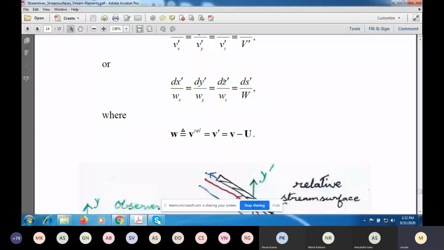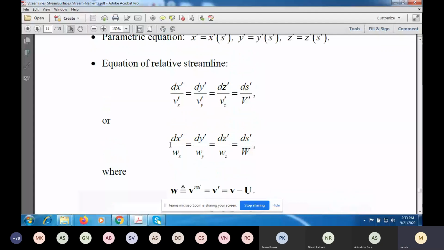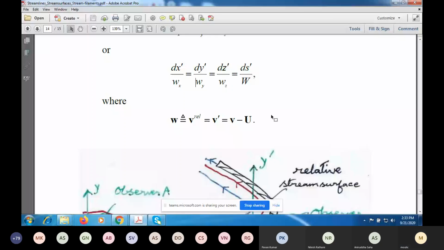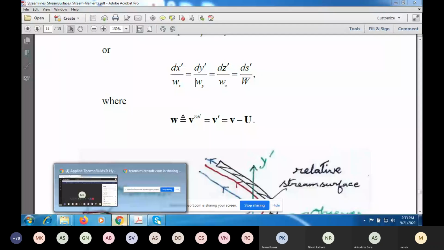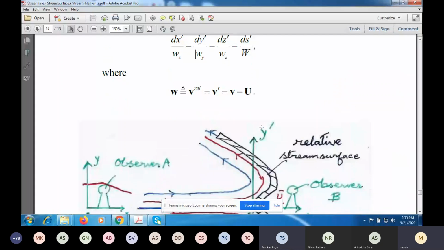So you will have dx prime by wx equal to dy prime by wy, and wy and vy will be the same, but wx will be vx minus u, and ds prime will be square root of dx prime square plus dy prime square, and W will be square root of wx square plus wy square. Is it clear now? Yes, sir, it is clear.